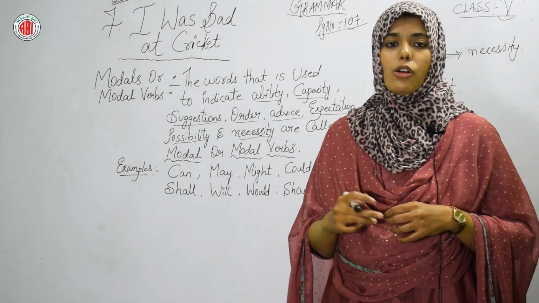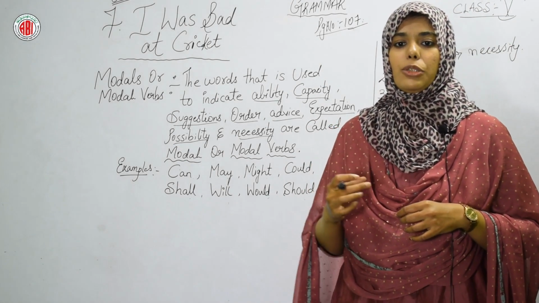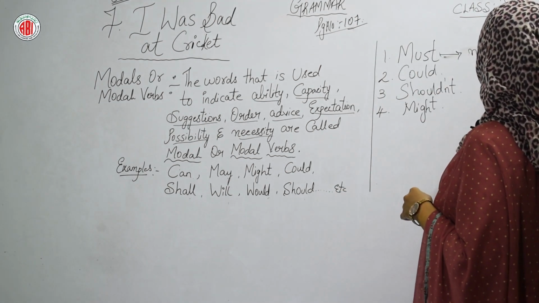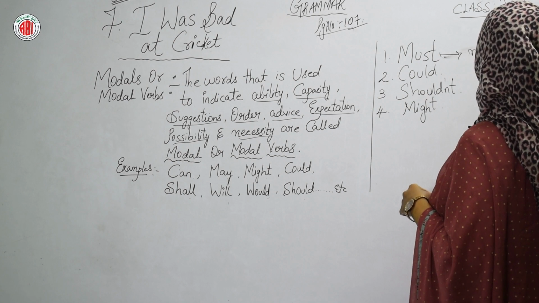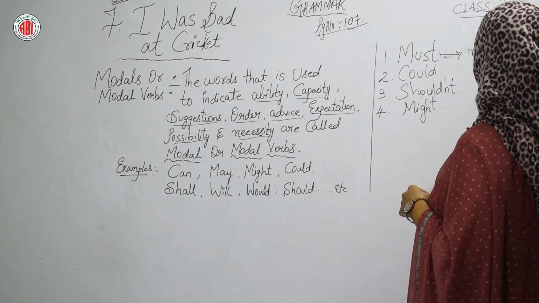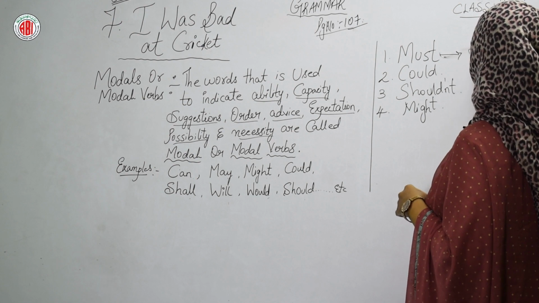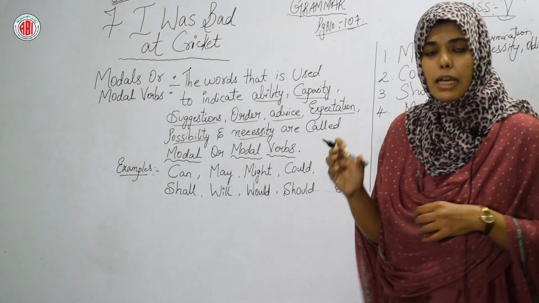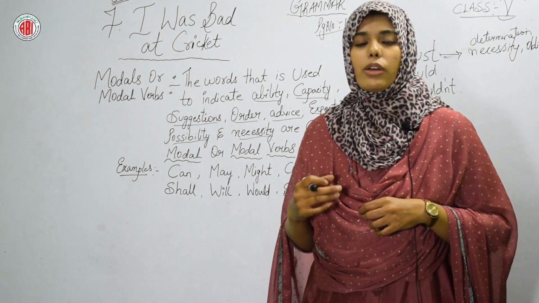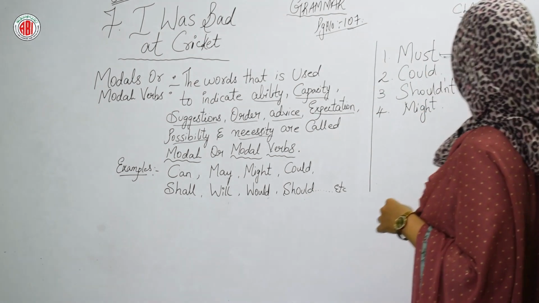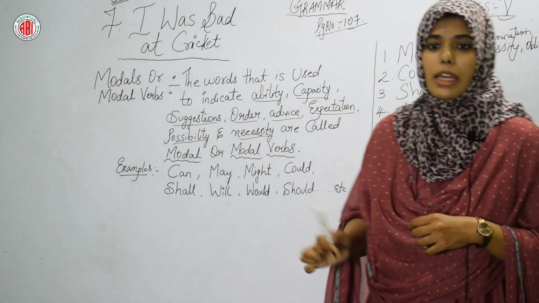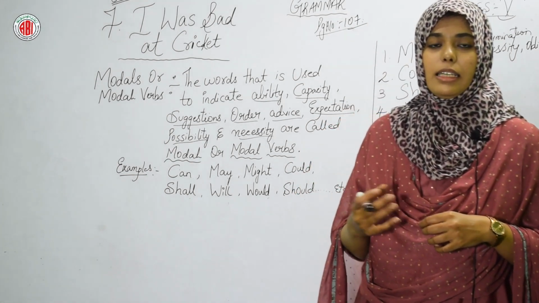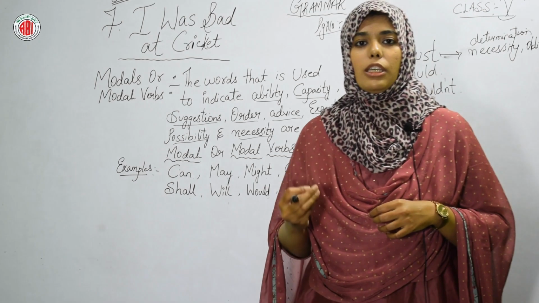The modal must also expresses obligation, duty and determination. So must is used for necessity, obligation and determination. As shown in the following sentences: He must tell the secret, which shows the obligation.